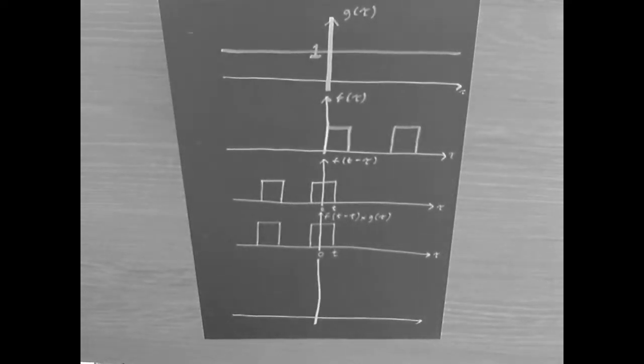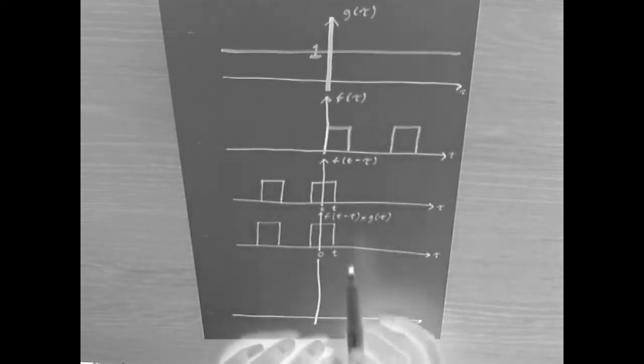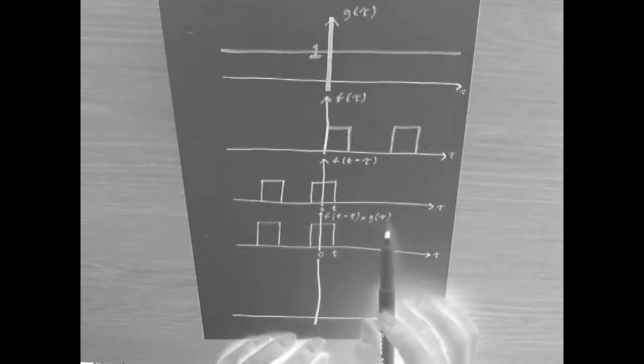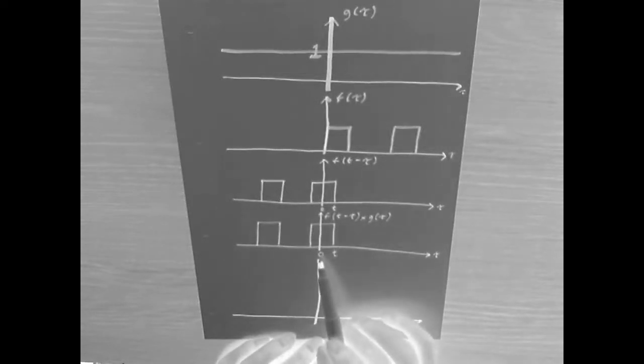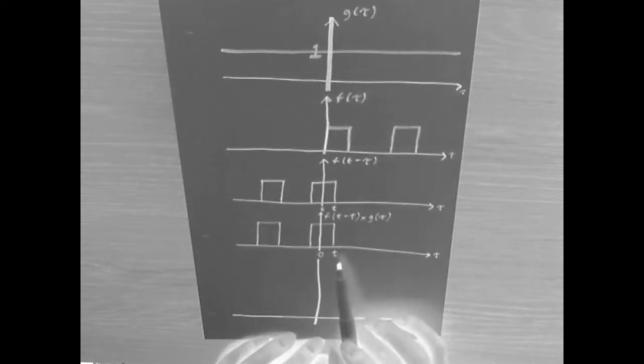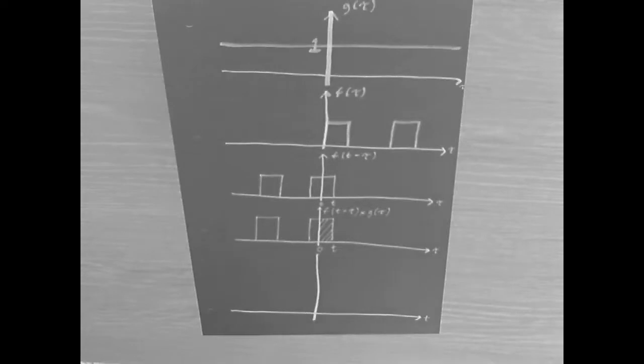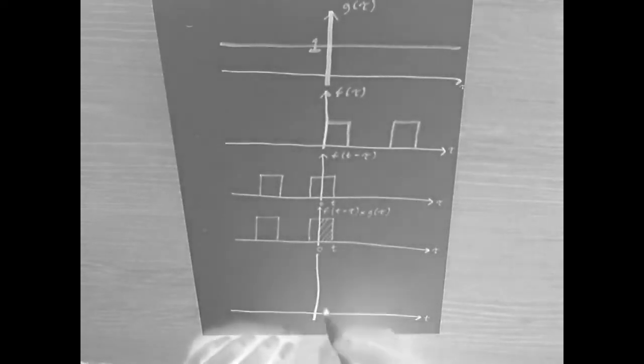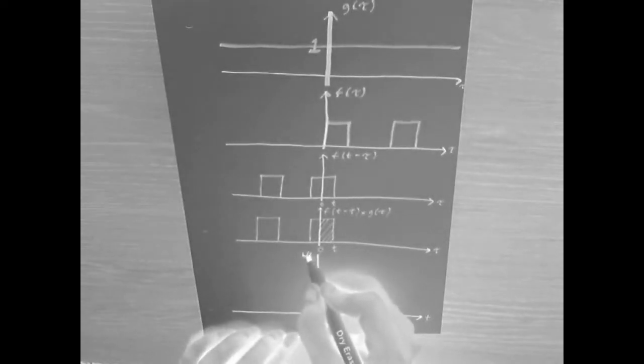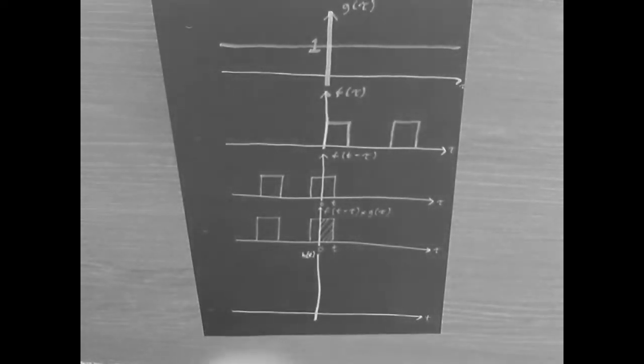So to compute the response of our system at time t, we take the integral of this multiplied function between 0 and t. Now this is effectively the same as taking the area in this region. So now I'm going to plot the response of our system, h of t, for all time t.